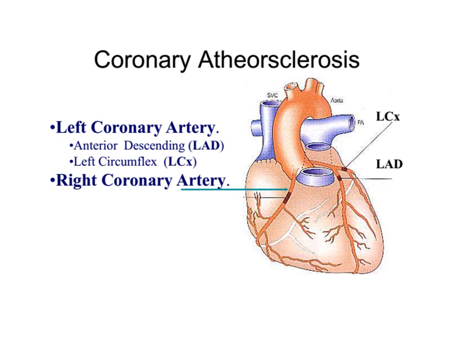Atherosclerosis of the right coronary artery results in infarction of the posterior wall of the left ventricle and the posterior one third of the interventricular septum. Atherosclerosis of the circumflex left coronary artery results in infarction of the lateral wall of the left ventricle.